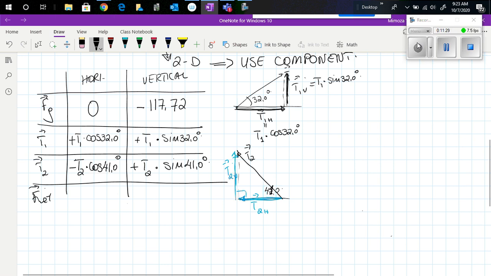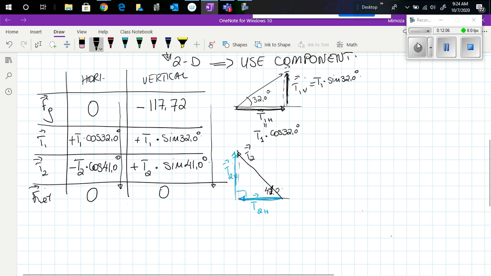Agree? Every time we are adding vectors, we are adding the components on the horizontal and adding the components on the vertical. So this is what we have here: T1 cosine 32 minus T2 cosine 41 is equal to, we said that the net force, since it is in equilibrium, is 0. And a zero vector has zero components, horizontal and vertical.